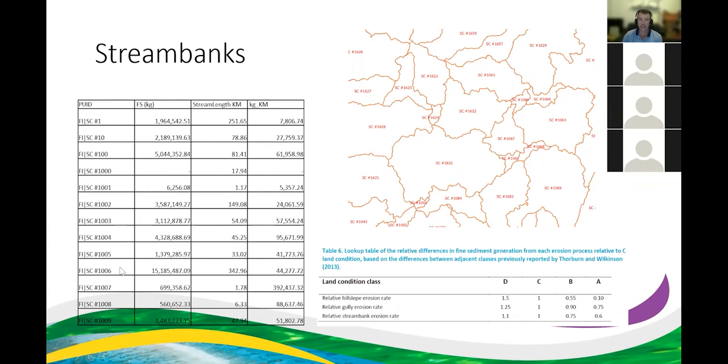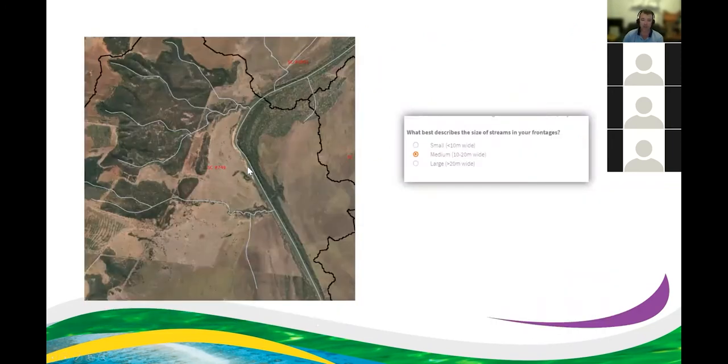Yep. So this is a catchment wide model, and what we've done is we've averaged out the sediment loss for the whole length of that stream, which we know is not right, because most of the erosion's going to be on outside corners and that sort of stuff. So if you're doing LiDAR and you're working on a clearly eroded place, it's going to be very different and a lot more accurate.